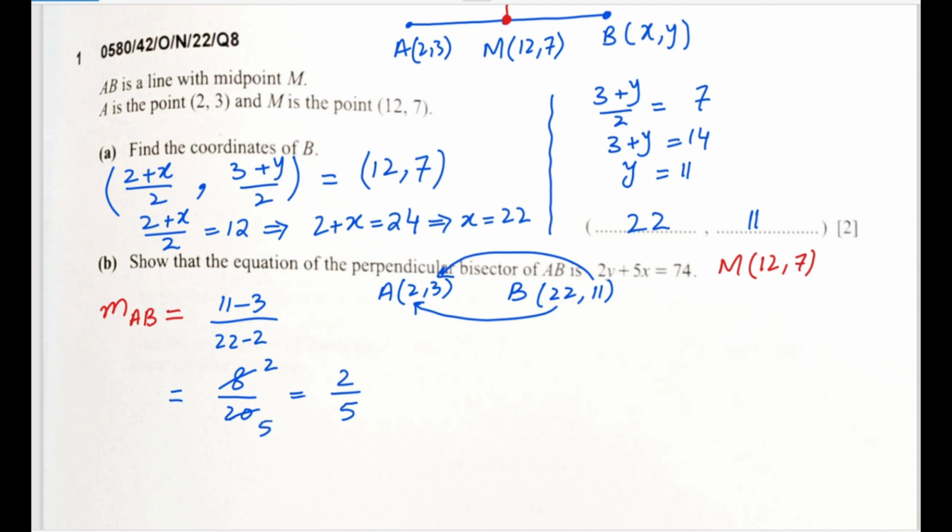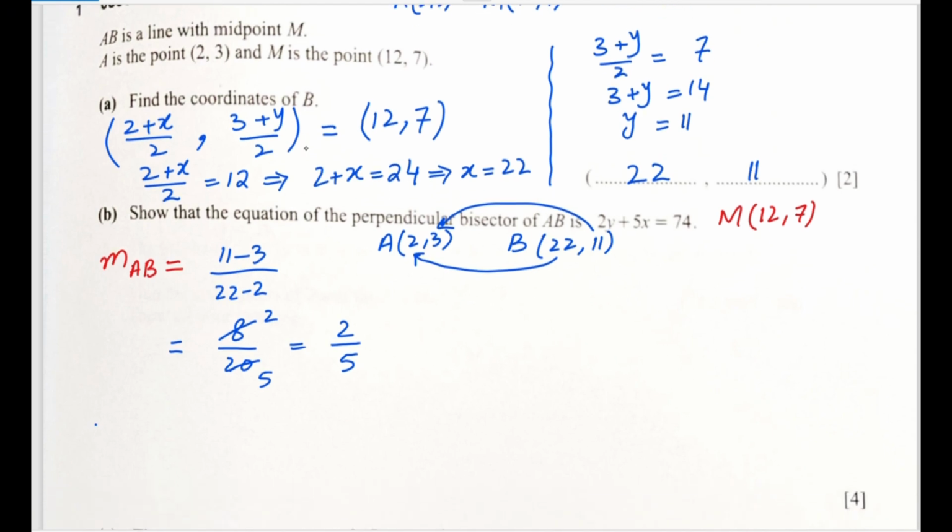This is the gradient of line AB, and the gradient of the line perpendicular bisector to AB will be the negative reciprocal of that gradient. So the gradient of the perpendicular bisector m will be the reciprocal of 2 over 5, which is 5 over 2, with negative sign. Now we have the gradient and one coordinate point of the perpendicular bisector.